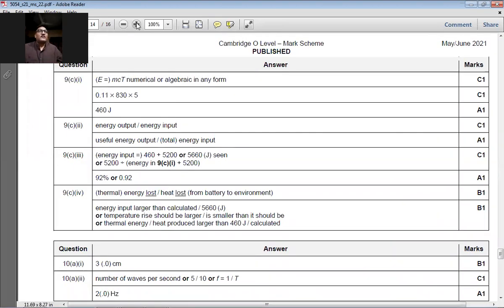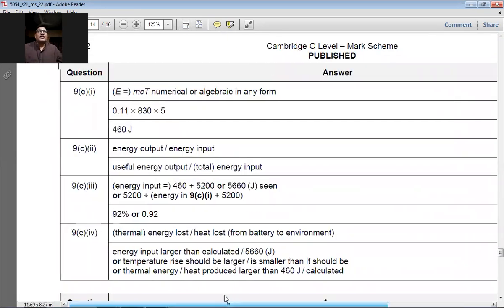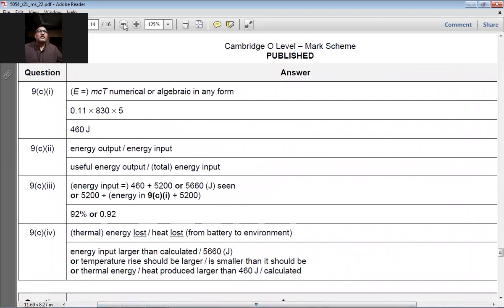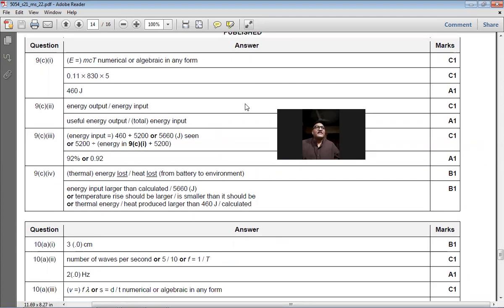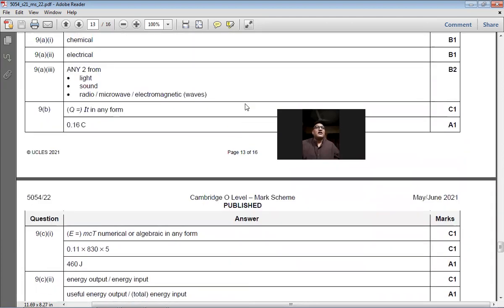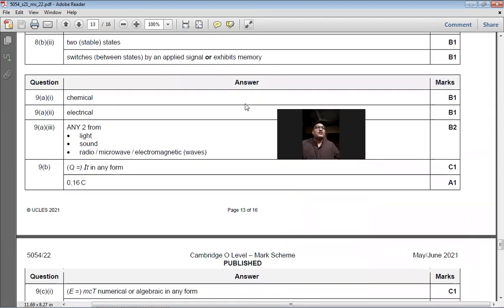Okay, so here we go. So we have to reduce it a bit. Okay, so this is question number 9, not the whole question, and you can have a good look at this marking scheme. It is very, very important to look at the marking scheme.